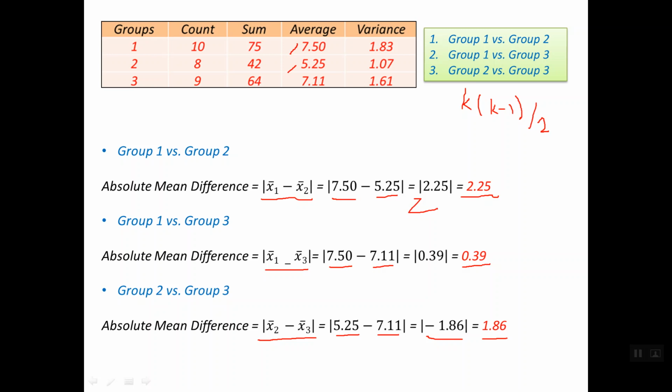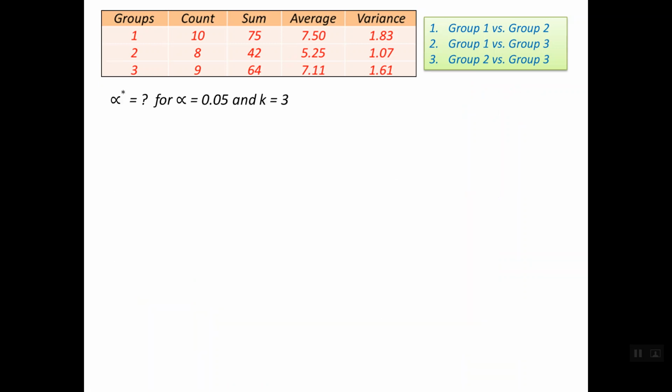The second process is to determine the value of the Bonferroni critical value. But first of all, let's calculate the adjusted or corrected value of alpha, which is alpha star.